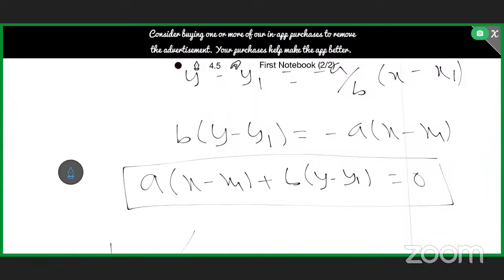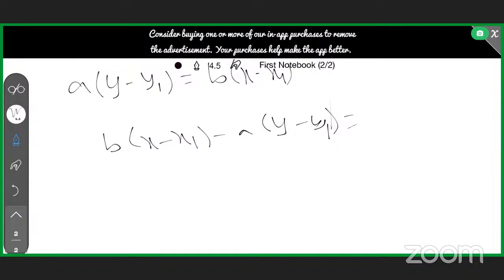So when my line is passing through a point x1 comma y1 and is perpendicular to the given line ax plus by plus c is equal to 0, then the perpendicular line is given by b into x minus x1 minus a into y minus y1 is equal to 0. Did you understand, dear students? Yes, sir.